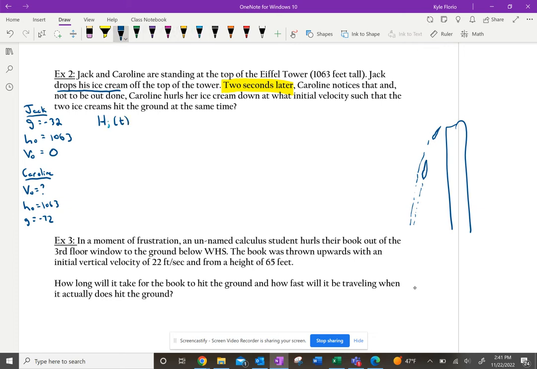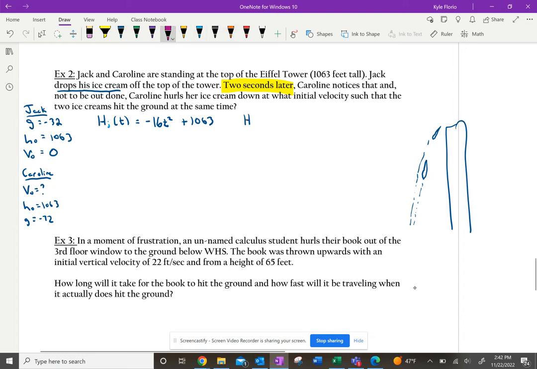So this is Jack's height function. Half of the gravity is 16, so it's negative 16t squared. His initial velocity is 0, and so 0t, which I don't need to write, plus the initial height. That gives me Jack's height equation.